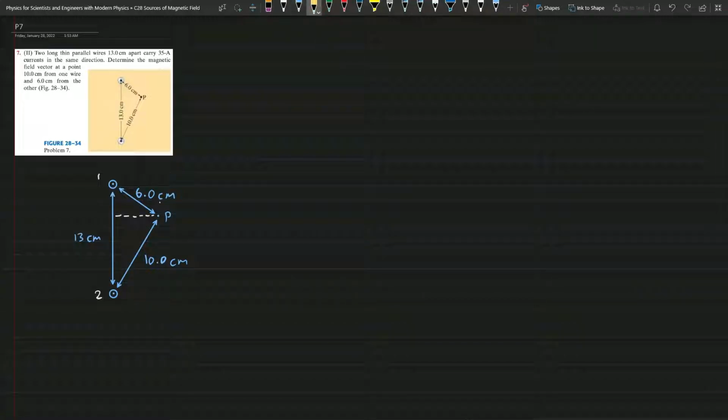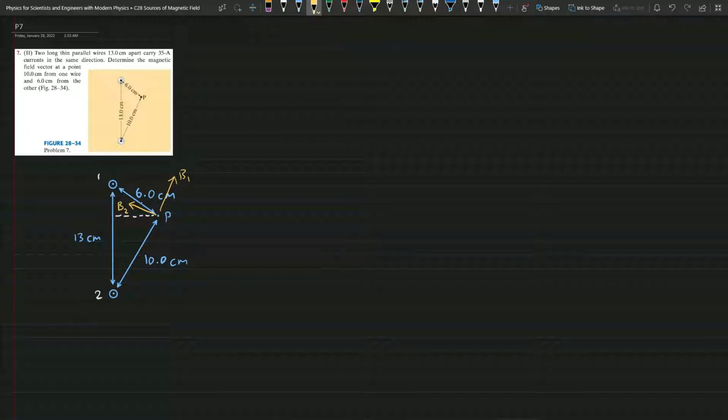At point P, this wire 1 will produce the magnetic field B1 somewhere here, and this wire 2 will produce the magnetic field B2 to be somewhere here.